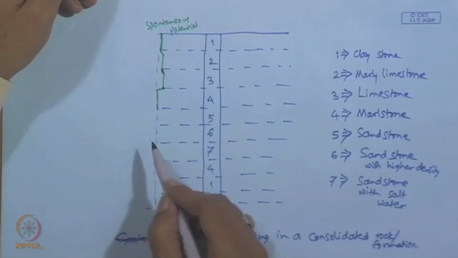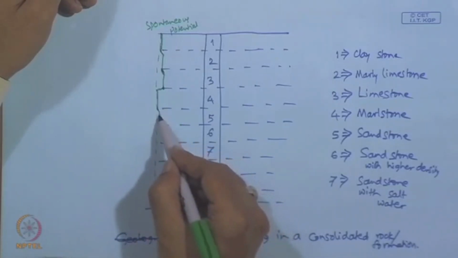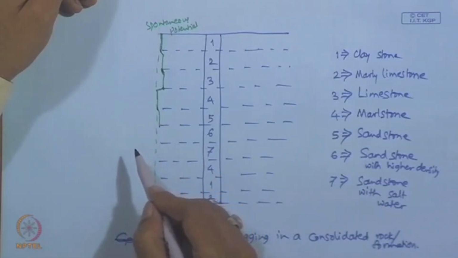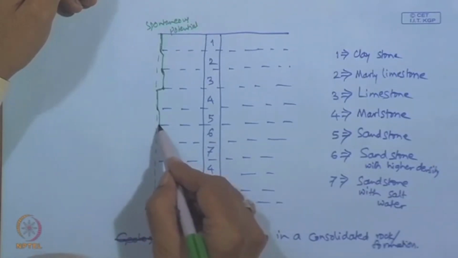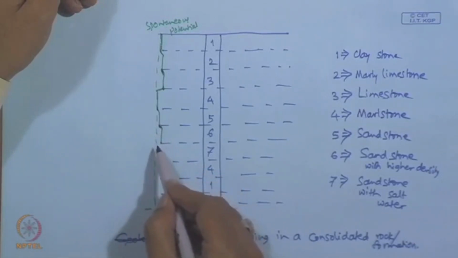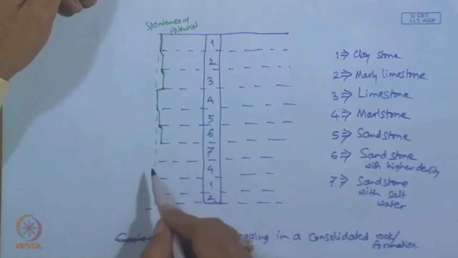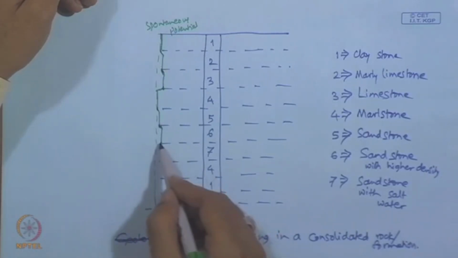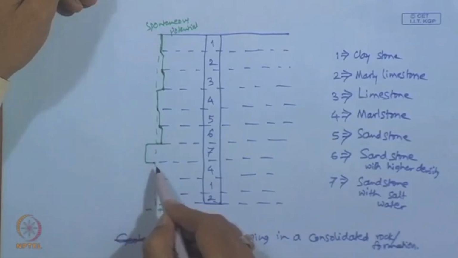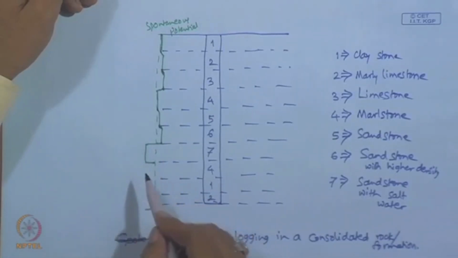Then the fifth one is sandstone, which will have some spontaneous potential. Then the sixth one is dense sandstone, which will have an even higher spontaneous potential, and the seventh one is sandstone with salt water, so it will have a negative spontaneous potential.